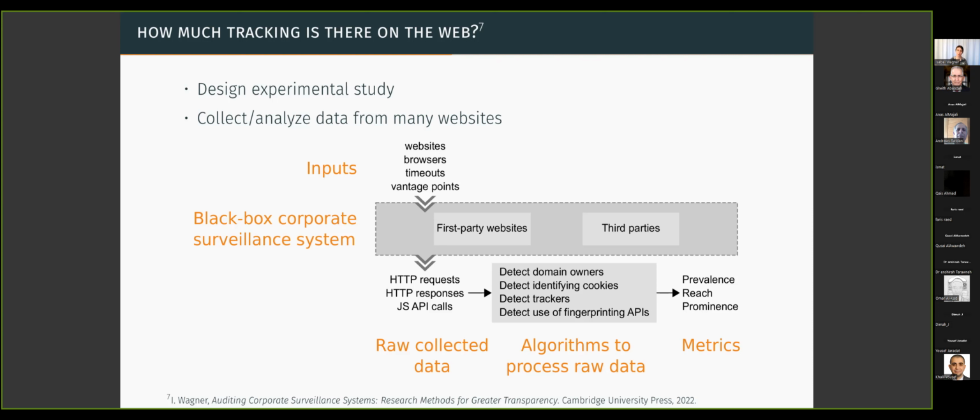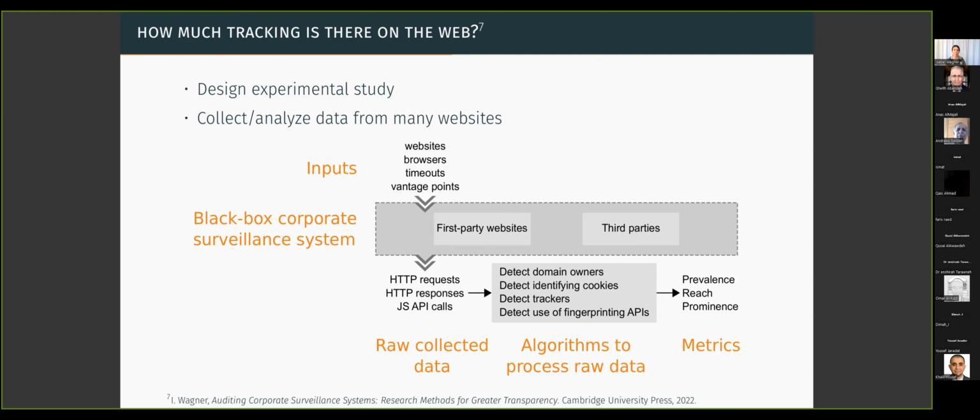So you can collect this raw data and then use some algorithms to process this data, maybe to detect who owns specific domains, or which cookies identify users and which cookies are benign, maybe to detect which domains belong to trackers and which don't. And then based on that, you can calculate metrics like the prevalence of tracking or the reach, like how many different websites an individual tracking company can see.